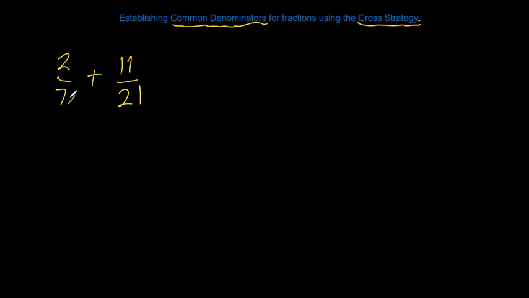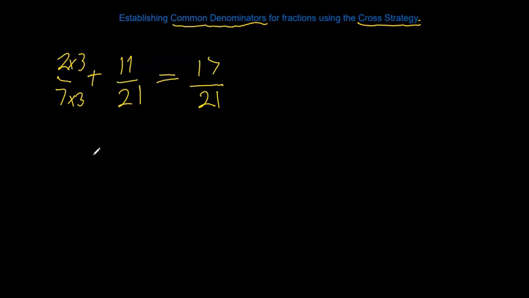So if we multiply 7 by 3 and 2 by 3, as I keep mentioning, whatever you do in the denominator, do in the numerator and vice versa. So in the end, we're going to end up with 2 times 3 is 6, plus 11 is 17, and then the denominator, you just write the denominator. You don't do anything with the denominator. Just write it down.